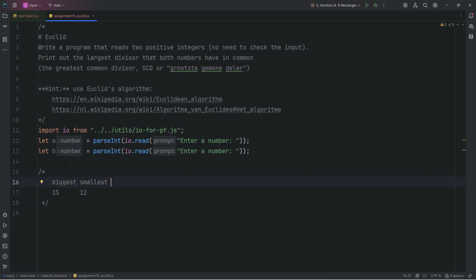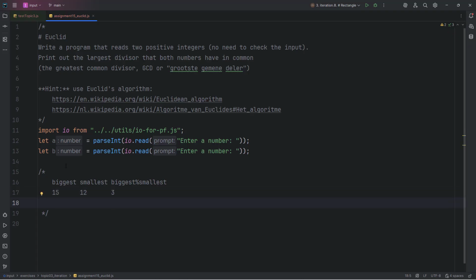What I'm going to do is calculate the remainder if I divide the biggest by the smallest. And that's of course done in JavaScript with an expression like this. So this will be, give me the remainder if I divide the biggest one by the smallest one. And in this case 15 divided by 12 gives me a remainder of 3.